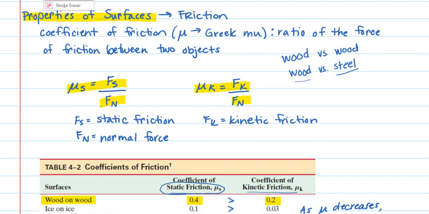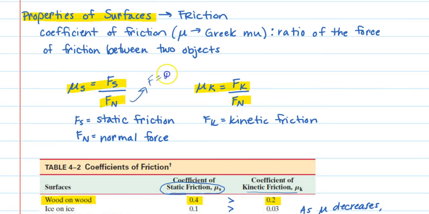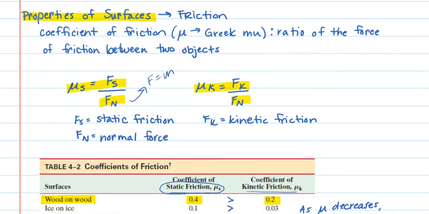So let me just get rid of that for a second. There are two equations that we use when working with the coefficient of friction. We read this as the coefficient of static friction is equal to the force of static friction divided by the normal force. This normal force can be calculated as mass times gravity.